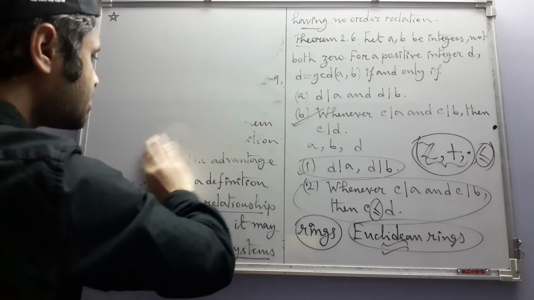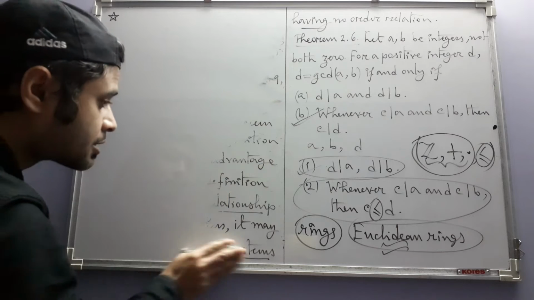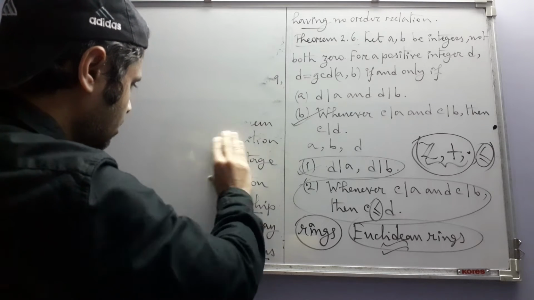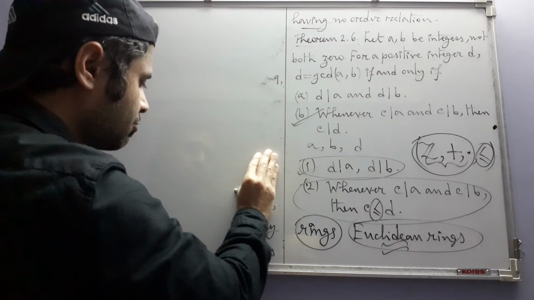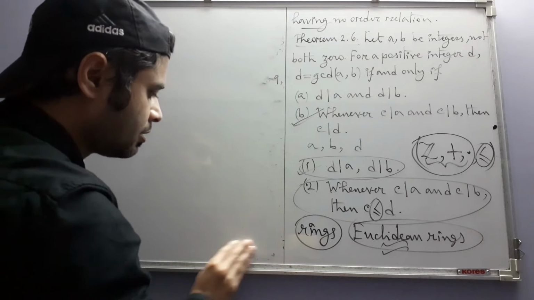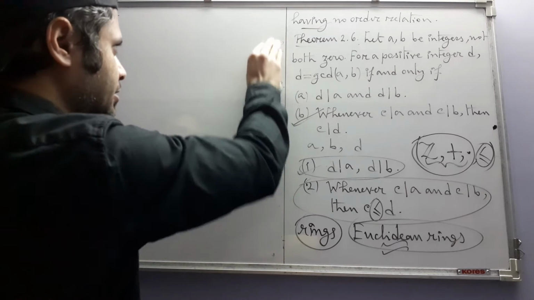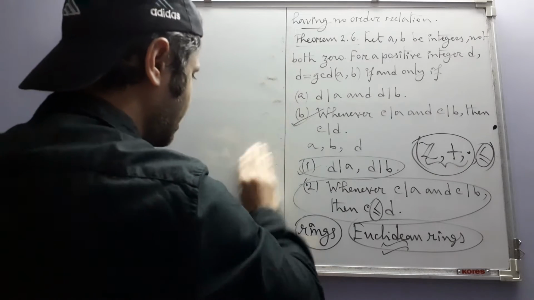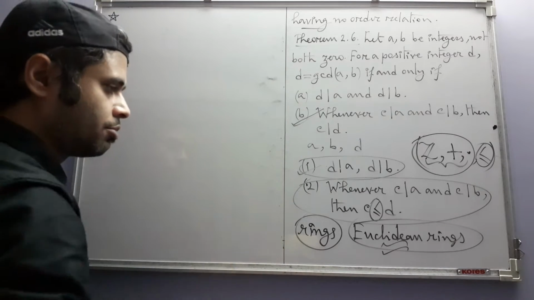If you find these remarks that I have made now going over your head, and you find these things unfamiliar, suddenly rings, Euclidean rings, if these terms are unfamiliar to you, just don't bother.